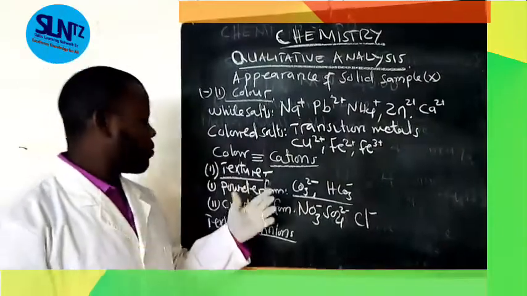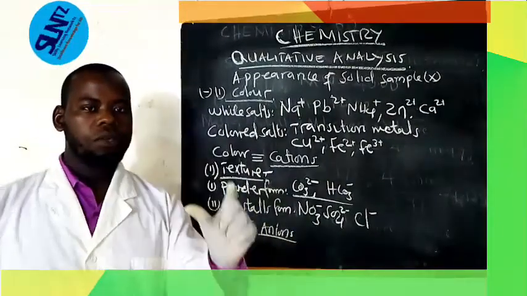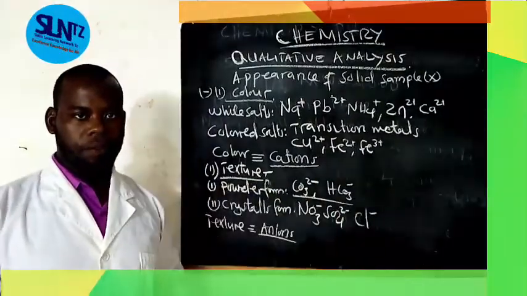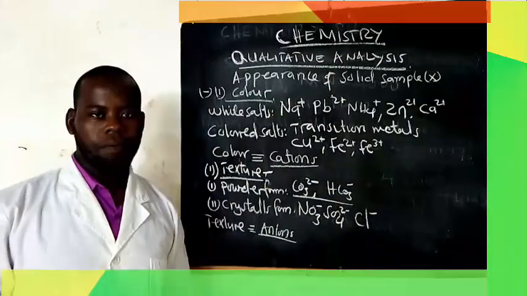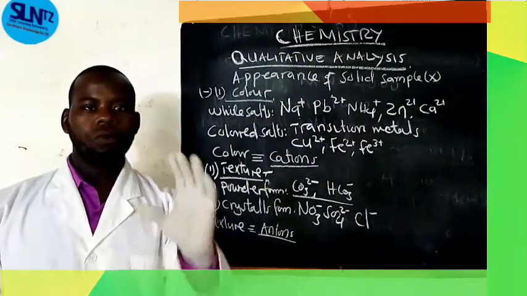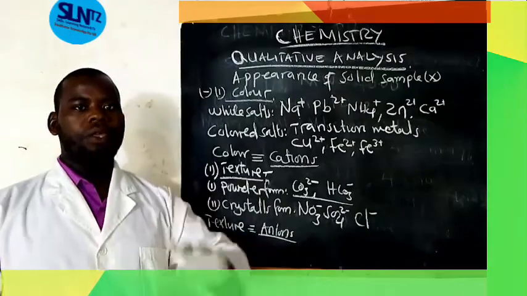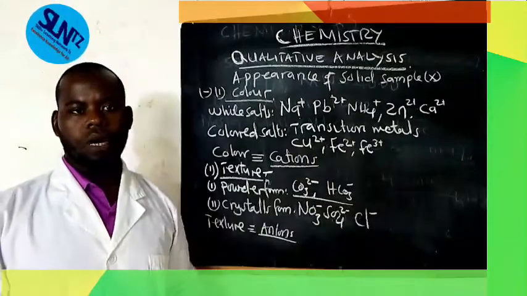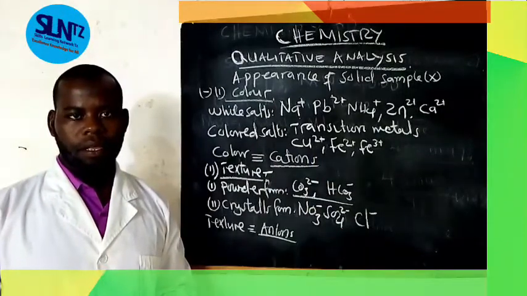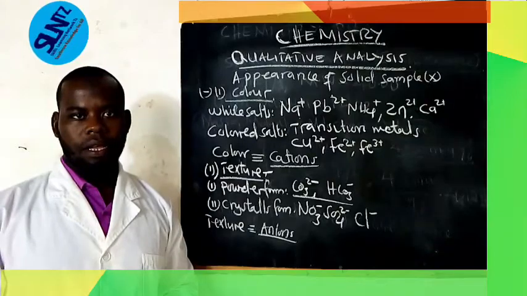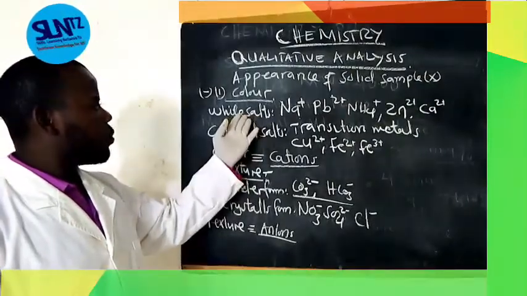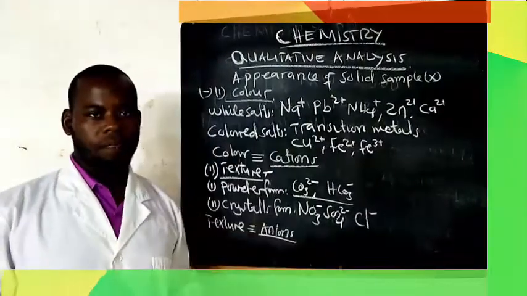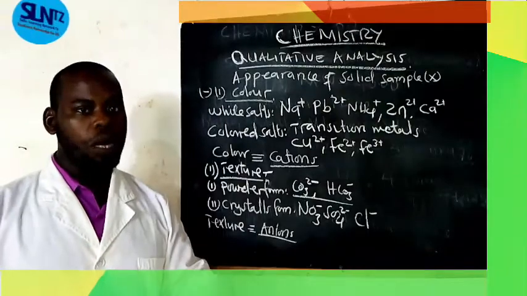So what to consider here? When you see a colored compound, you ignore white compounds or white solid, white metal. When you see a white solid sample, you have to ignore colored compounds. Don't include them in your report. And if it's white, in the final confirmation you have to show it is white, right?